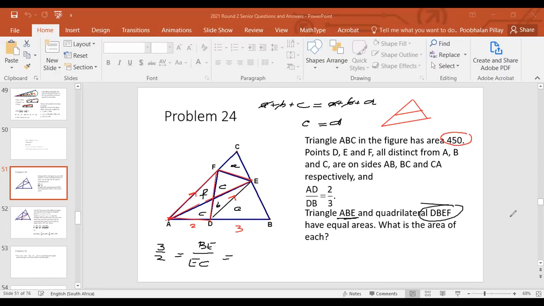Now, another very important fact, which we have done in our classes, is this: when you've got a triangle and you've got a Servian, what I call a Servian, any line that joins a vertex to the other side, then the ratio of this to this is the same as the ratio of this area to this area.